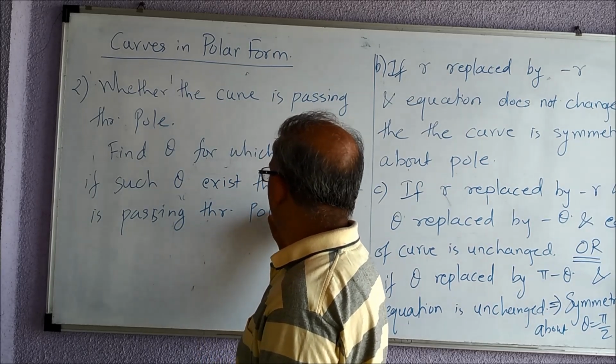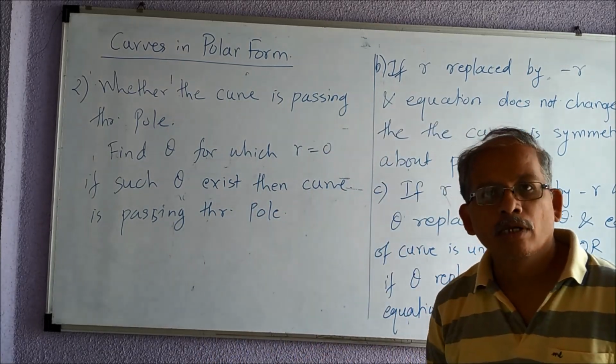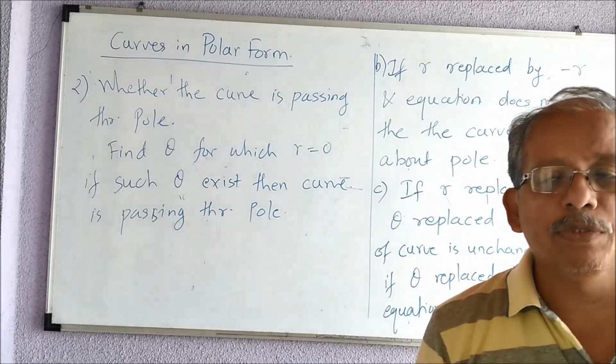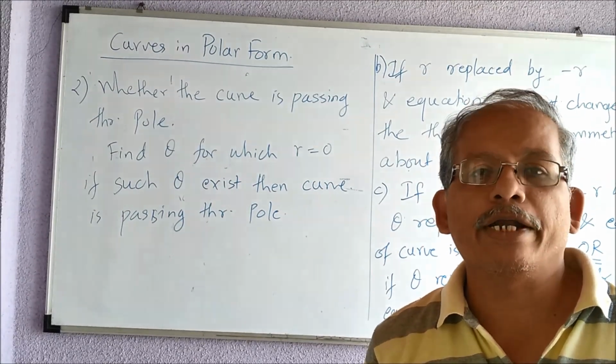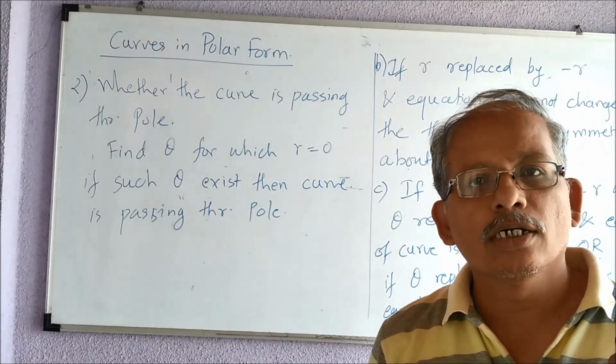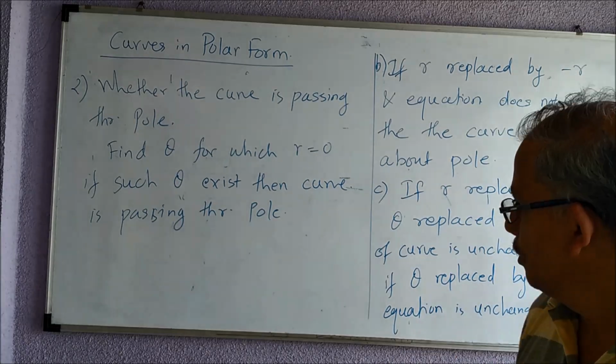After this, if the curve is passing through the pole, we will try to find the tangents to the curve at the pole.